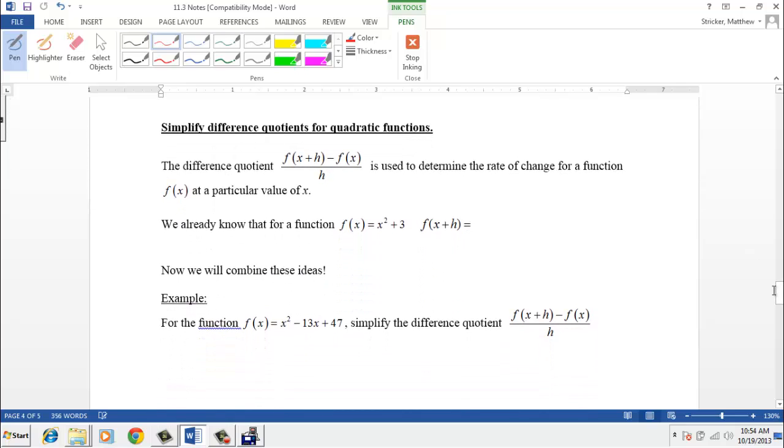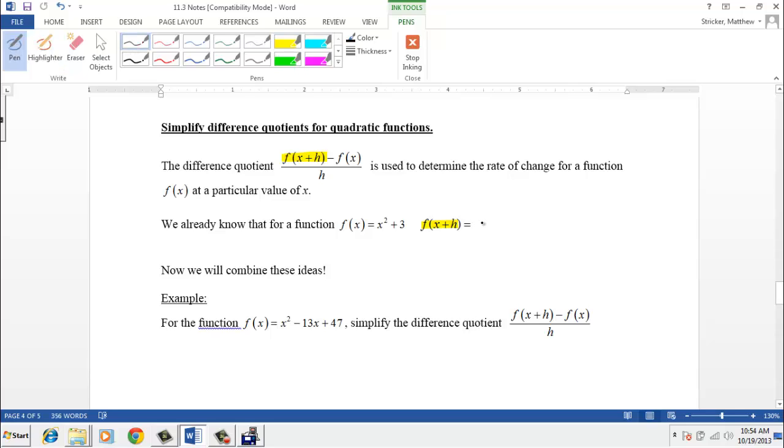One more thing in this section is we're going to talk about evaluating the difference quotient, which is basically nothing other than a rate of change. The difference quotient, f of x plus h minus f of x over h, is used to determine rate of change because it's a change in one value over a change in another value. To be able to do that, we need to calculate f of x plus h. That's the first part of this difference quotient, and we already know how to do that. We did this earlier in the chapter.